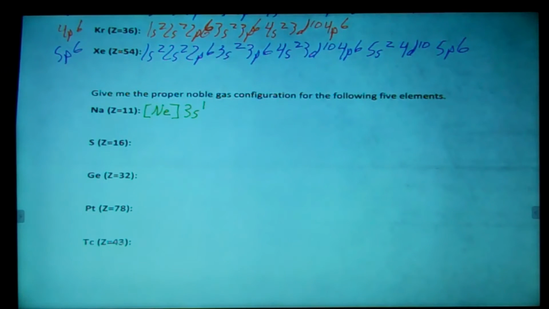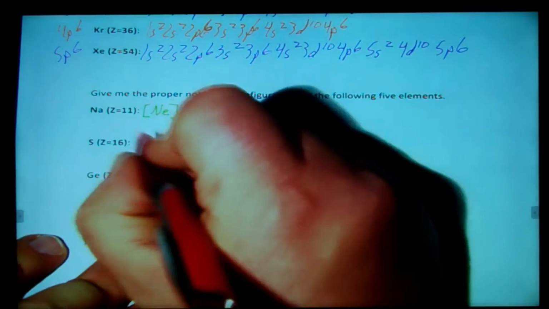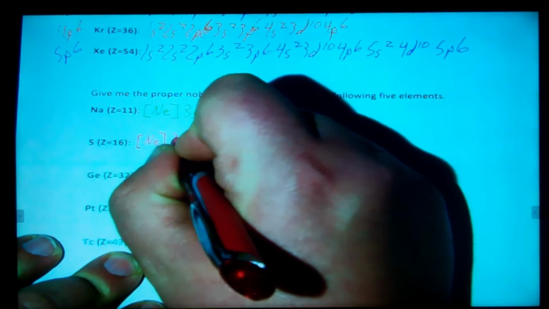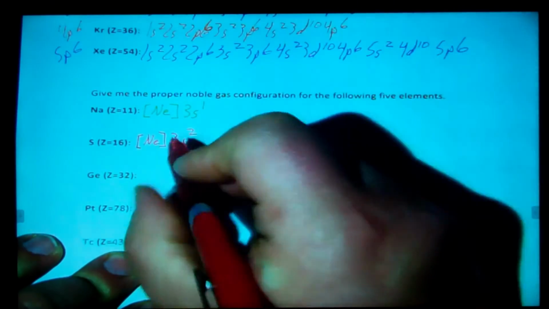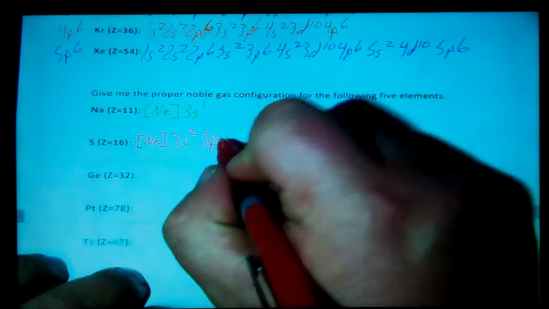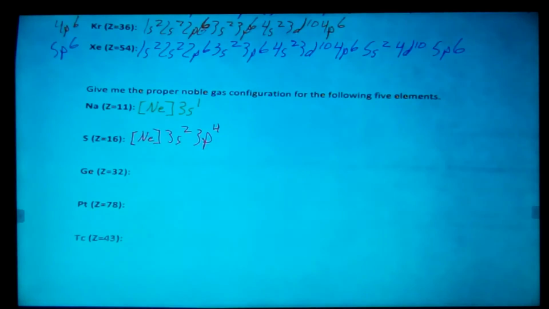So let's do sulfur now. I put my finger on sulfur, go up a row, go all the way over. I'm still using neon. But this time I go all the way through the 3s, so it's 3s2. Then I go into 3p, and I'm 1, 2, 3, 4 into 3p, so it's 3p4. Now, let's do germanium. Put your finger on it. It's atomic number 32.